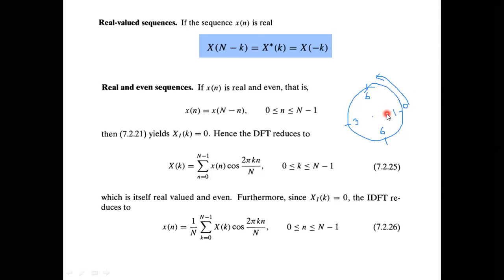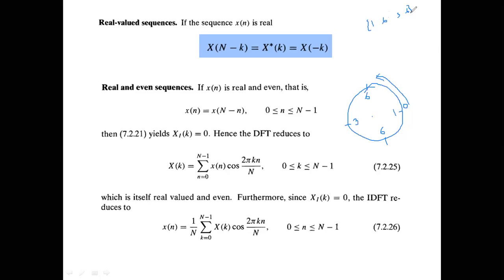Say now I trace it from the clockwise direction. What I did earlier was trace in the anti-clockwise direction: 0, 1, 2, 3, so the sequence is 1, 6, 3, 6.